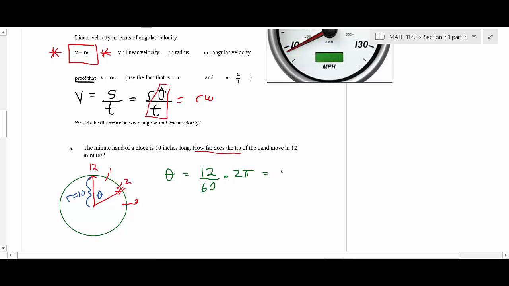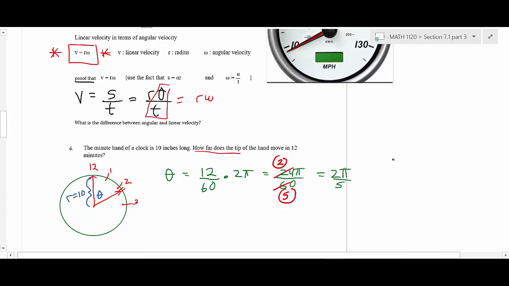That gives me 24 pi over 60. You can also change this to a decimal because we're going to have to do that anyway, but I'm going to leave pi in the answer before I change it to a decimal. So I can reduce both of these numbers by 12. 24 divided by 12 is 2, and 60 divided by 12 is 5. So that angle is 2 pi over 5.